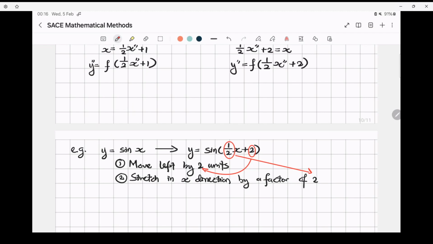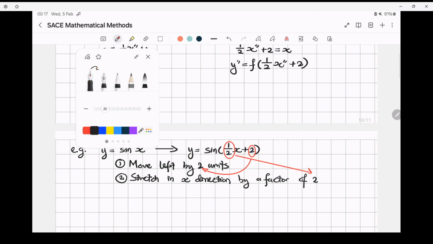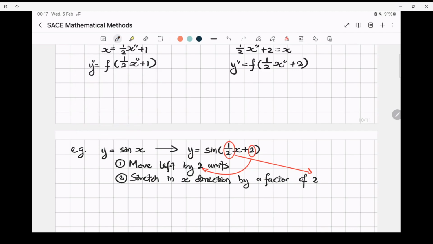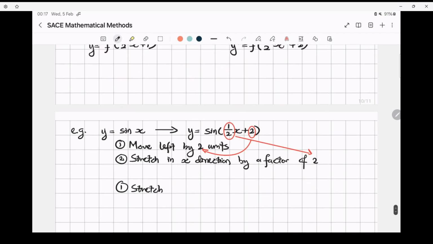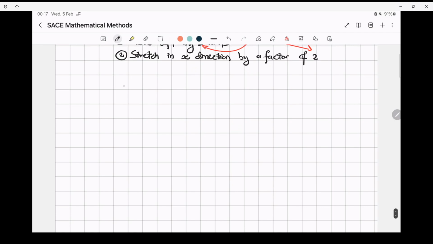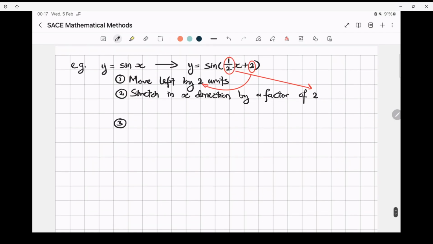If you follow exactly this particular order. But that doesn't mean that you cannot do it the other way around. You can always do this. So this is also possible. You can stretch first. So let's write this as 3 so that you don't confuse.